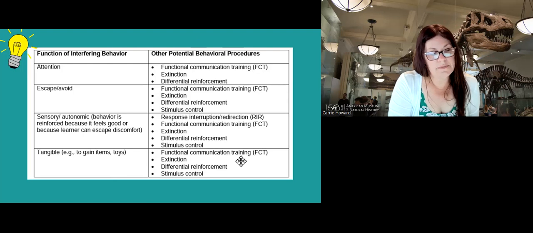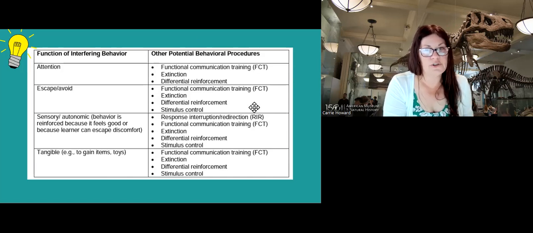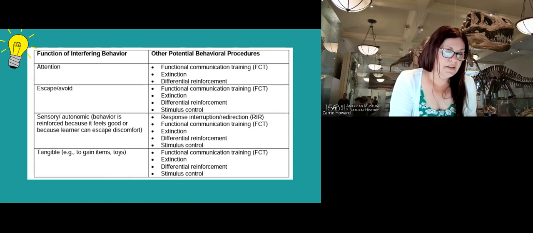And here's some potential behavior procedures that you could use: functional communication training, extinction, differential reinforcement, stimulus control, response interruption, redirection, for different types of functions.